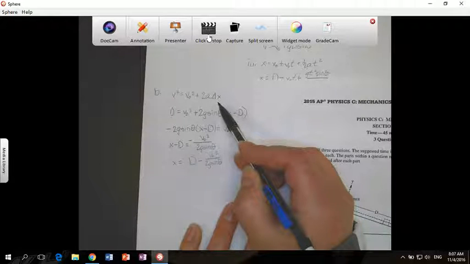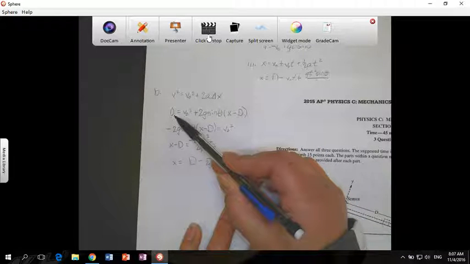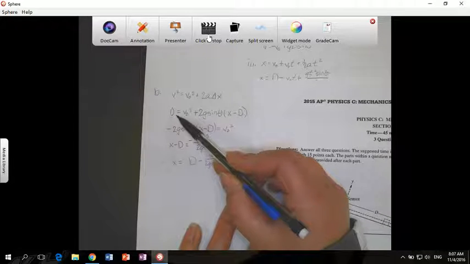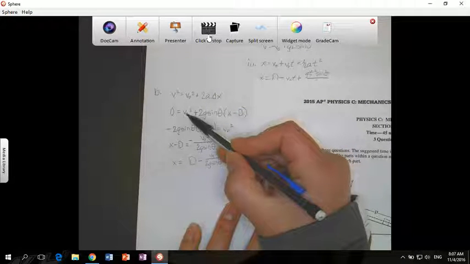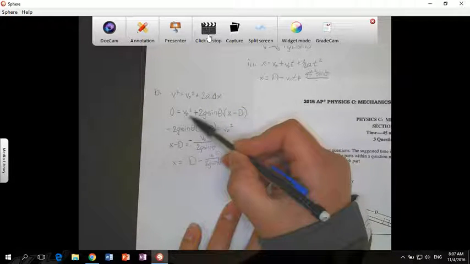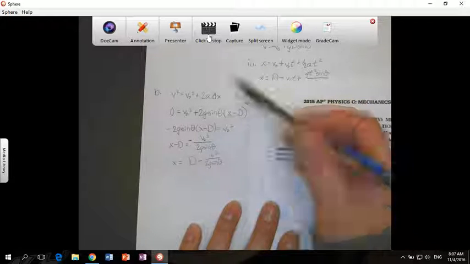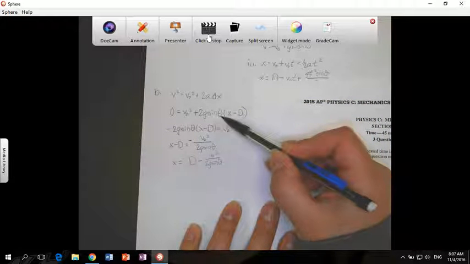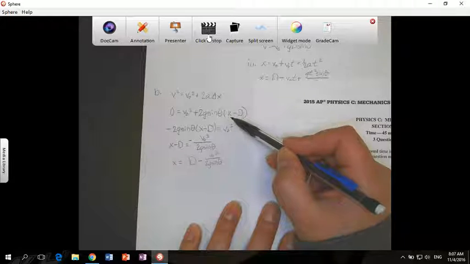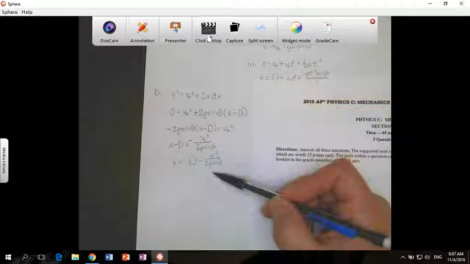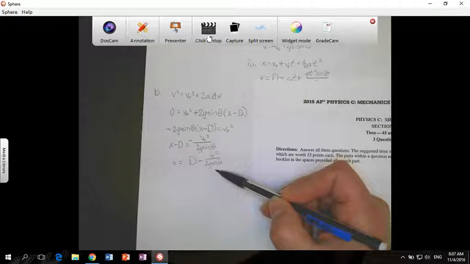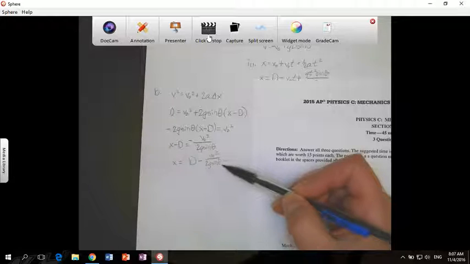My final velocity where the block hits its point closest to the motion sensor is going to be 0, because that's the point at which the block is going to turn around. I have my initial velocity. The negative sign dropped out because it's squared. There's my acceleration, and then my change in position. So my final position is x, my initial position is d, and so now I just do some algebra to find x.